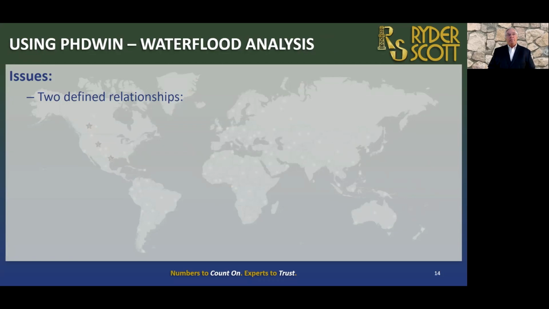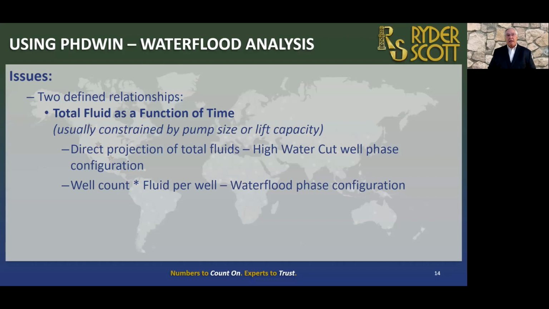Well, utilizing PHDwin water flood analysis, let's go over a couple of the issues. There are two defined relationships when we talk about water-oil ratio cumulative oil analysis. The first relationship is total fluid as a function of time.